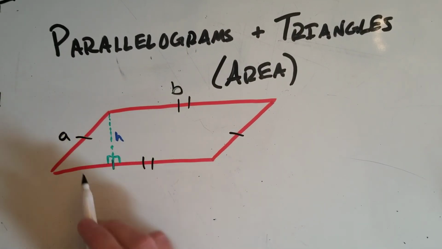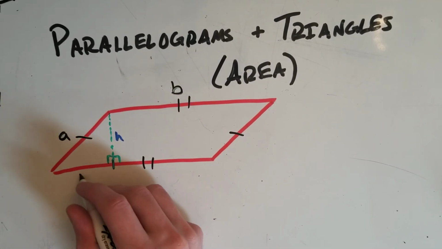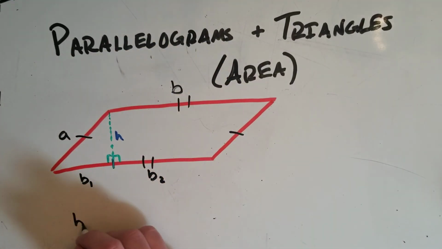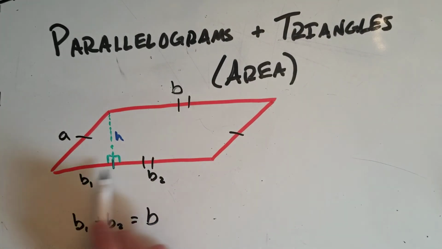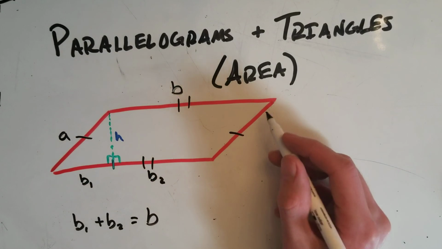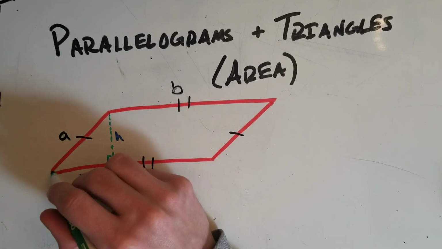In doing so, that's going to break this bottom base, which is also B units long, into B sub 1 and B sub 2. B sub 1 plus B sub 2 is equal to the whole base. This bottom base is the same as the top up here, just as this is A and this is also A.